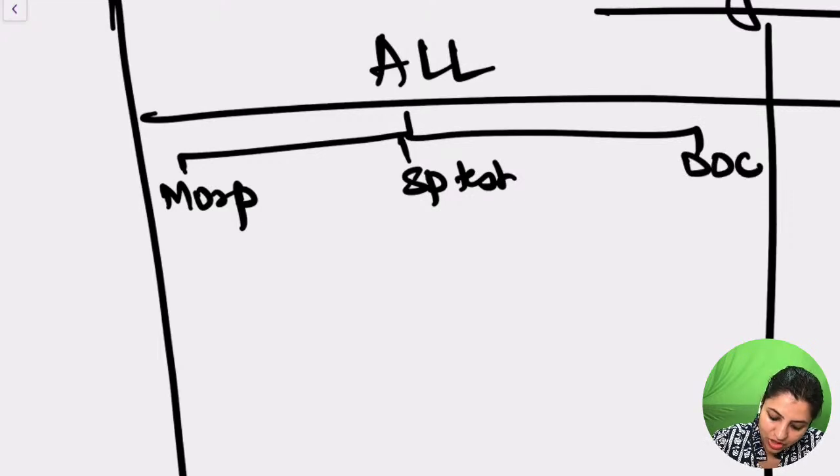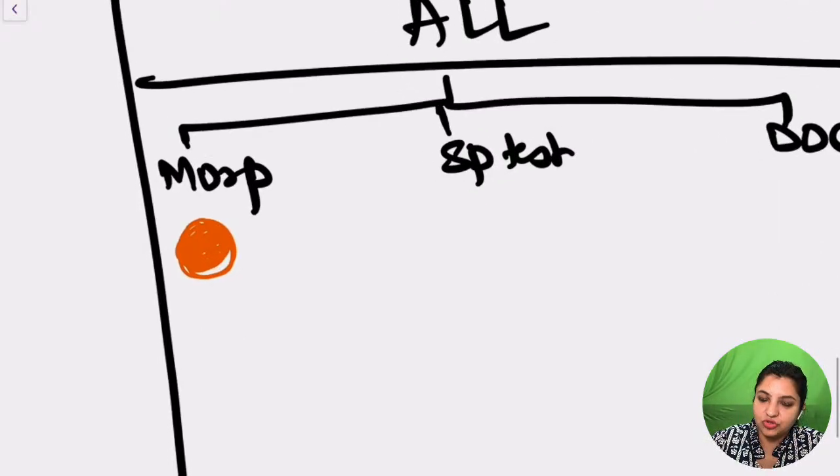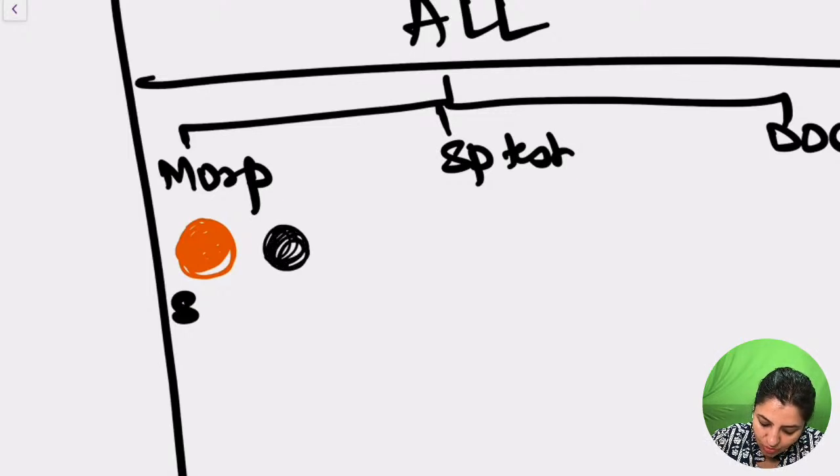In morphology, these blasts have a very big nucleus and very scant agranular cytoplasm. Sometimes the nucleus is so big that the cytoplasm is just coming out from the side. These are called hand mirror cells.